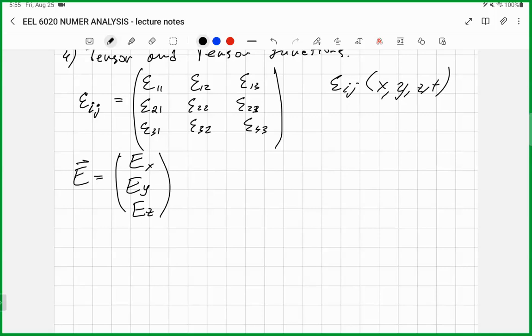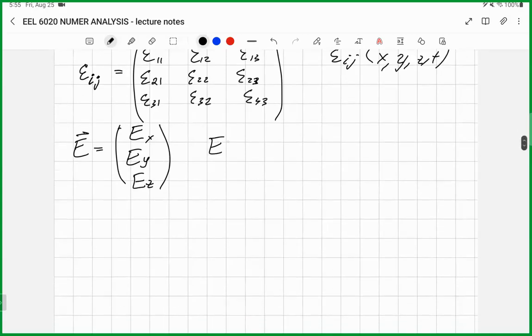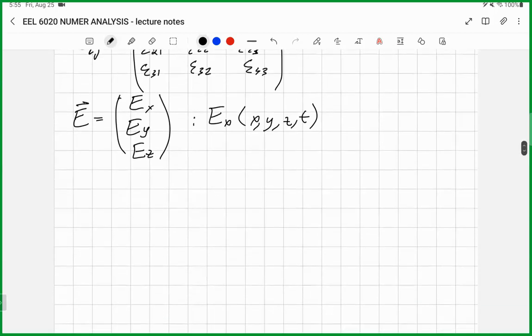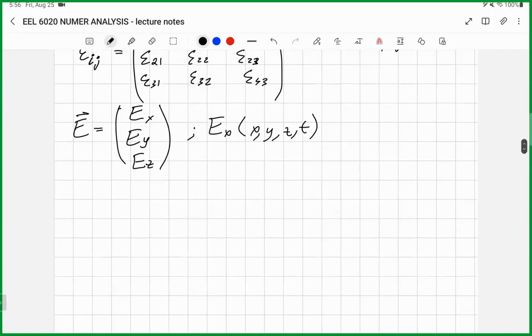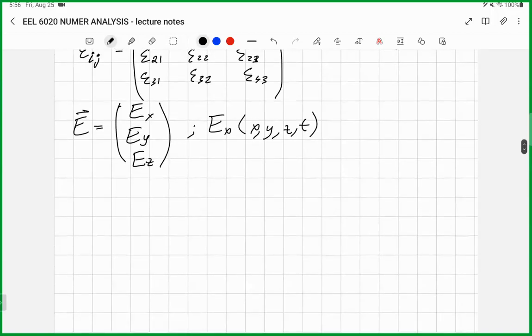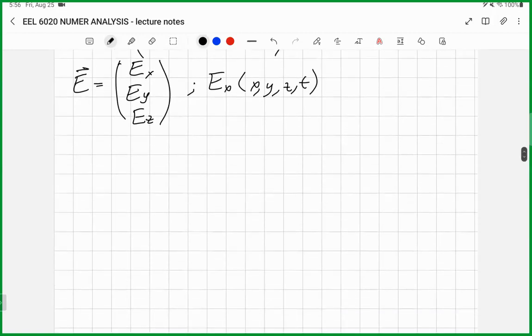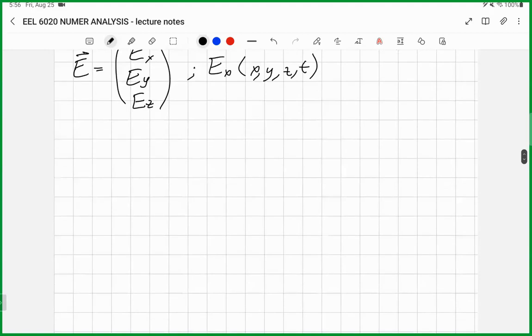And these ex, ey, ez, of course, are functions of coordinate and time. So, for example, ex is a function of x, y, z, and t, if the problem is transient. Okay, so this is about the objects.